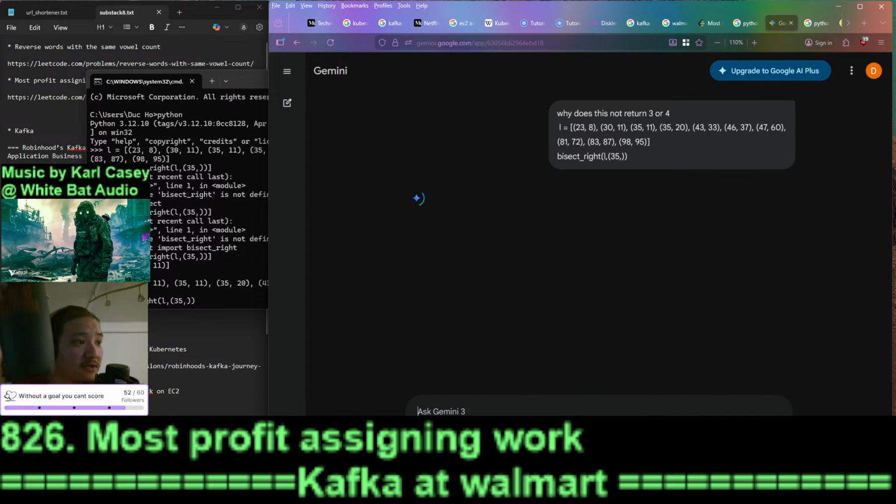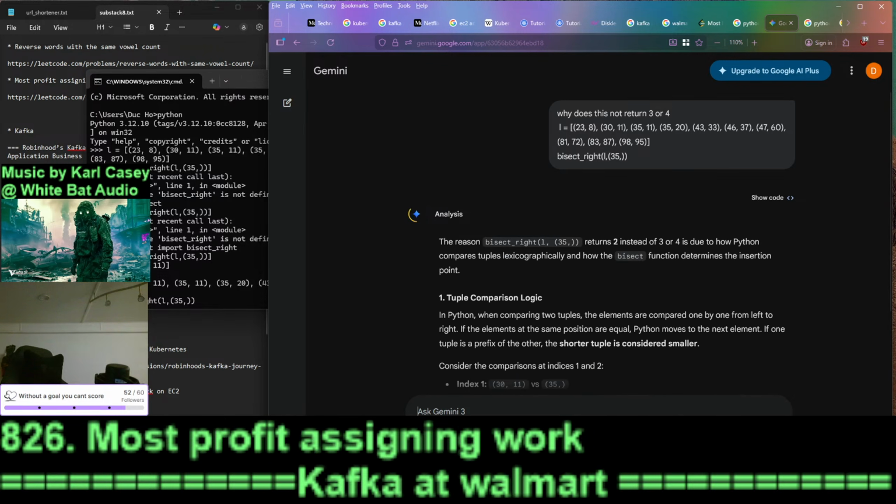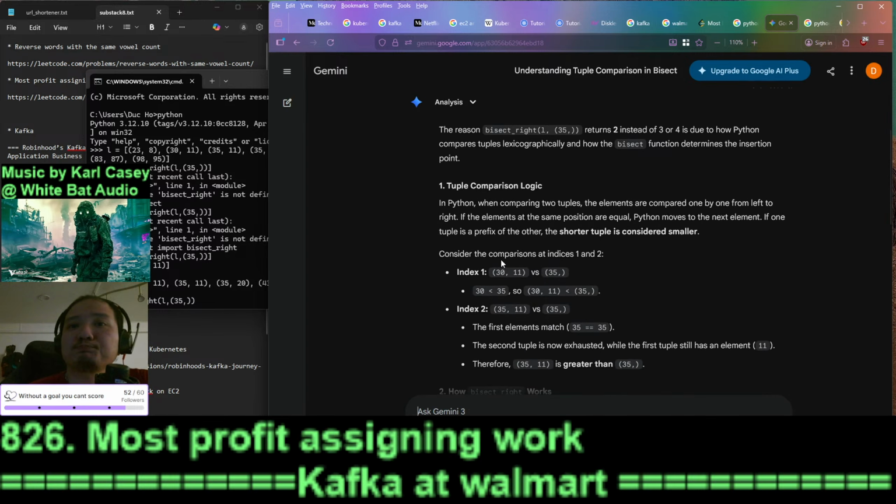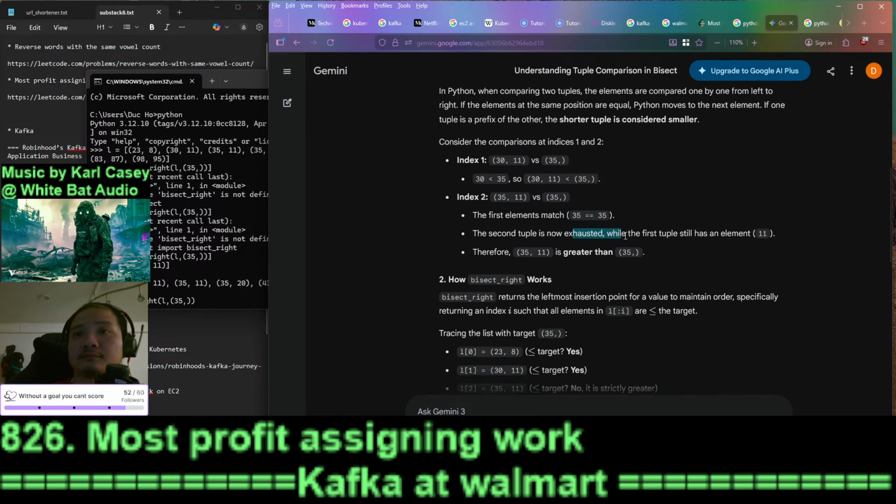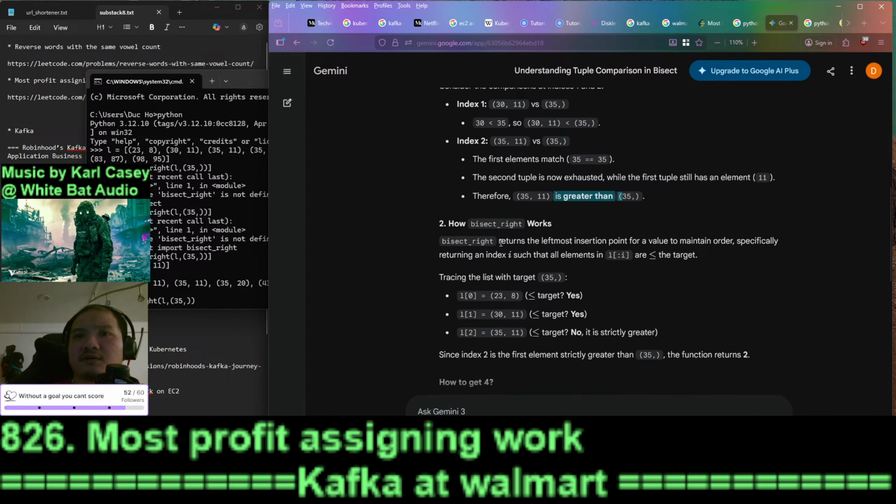Explain to me, my AI. Okay. So bisect right returns the leftmost insertion point.